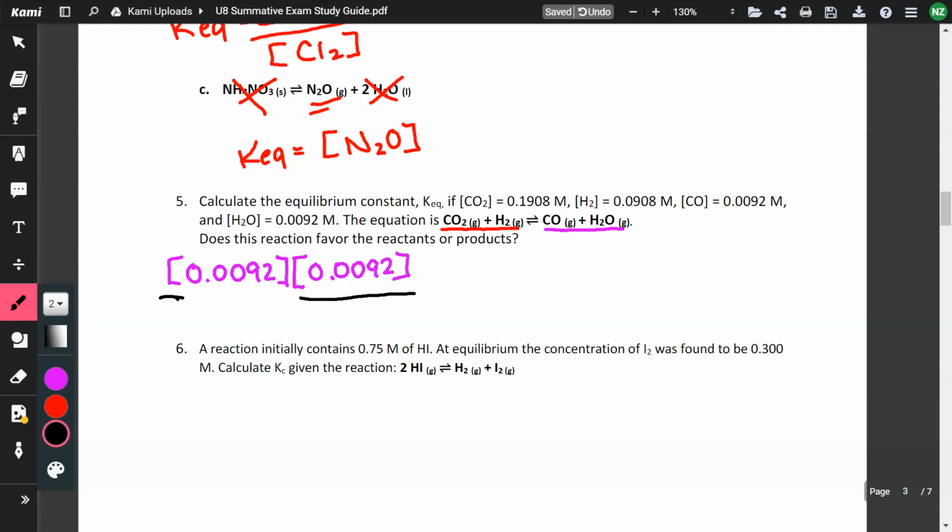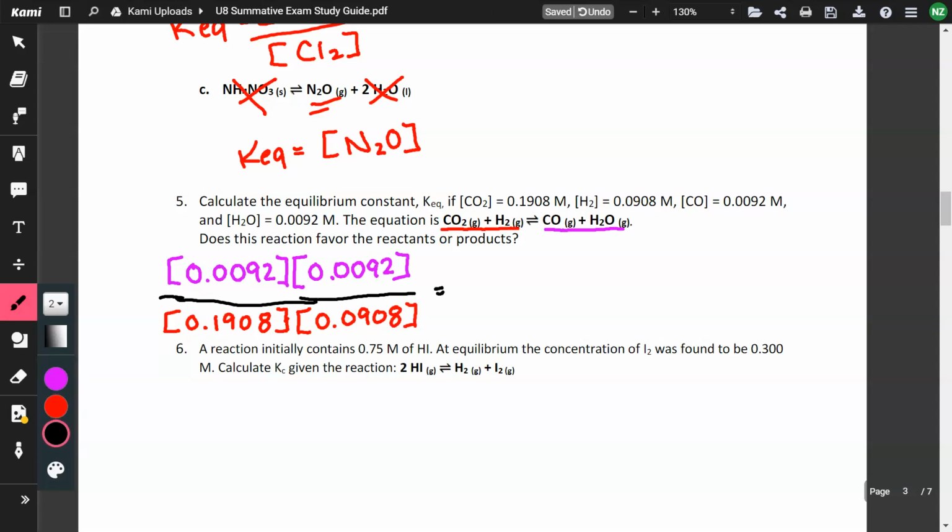over the reactants. So CO2, 0.1908. And H2, 0.0908. No coefficients.